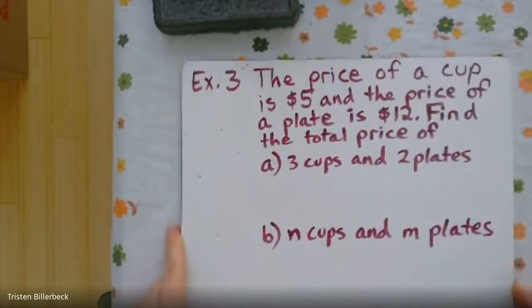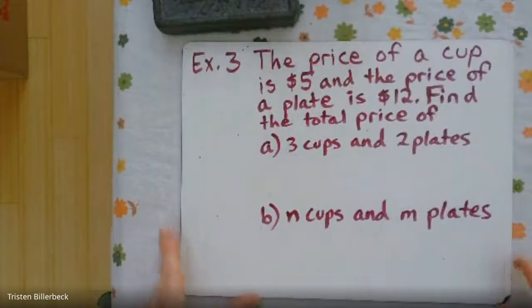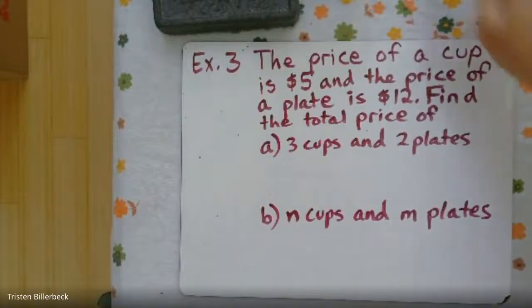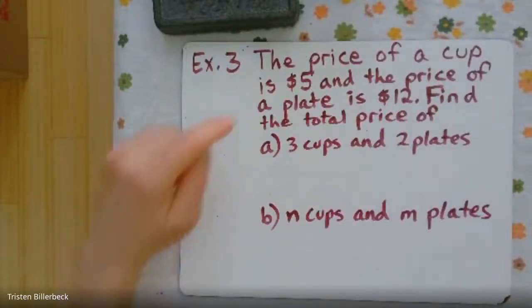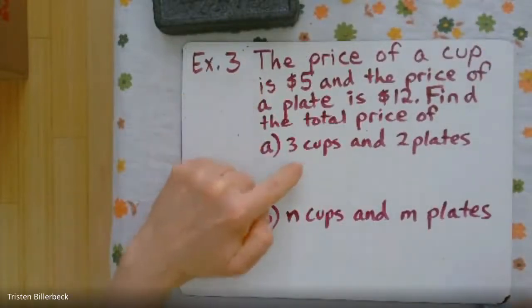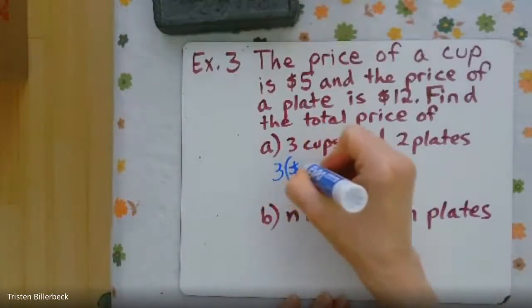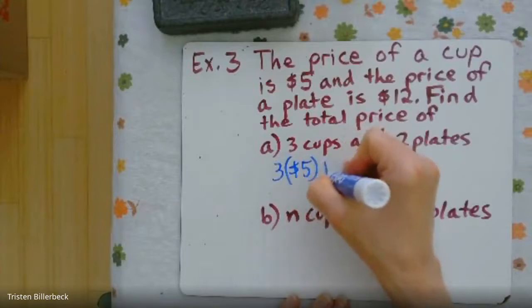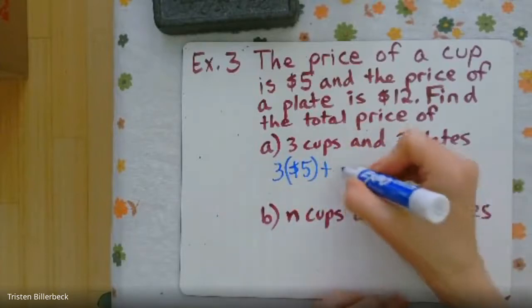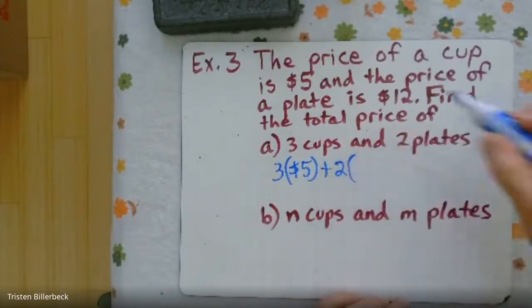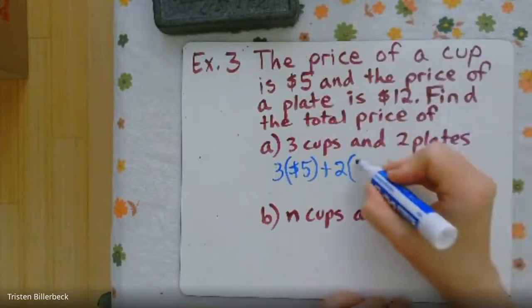So let's see what else we have. The price of a cup is $5 and the price of a plate is $12. Find the total price of 3 cups and 3 plates. Okay, so the price of the cup is $5, so that's 3 times $5 plus, and then there's 2 plates, and the cost of the plate is $12.